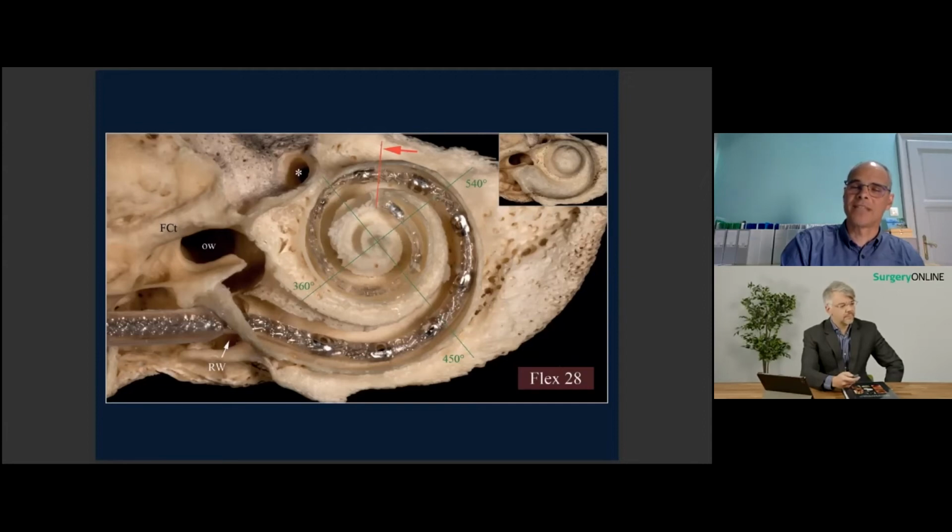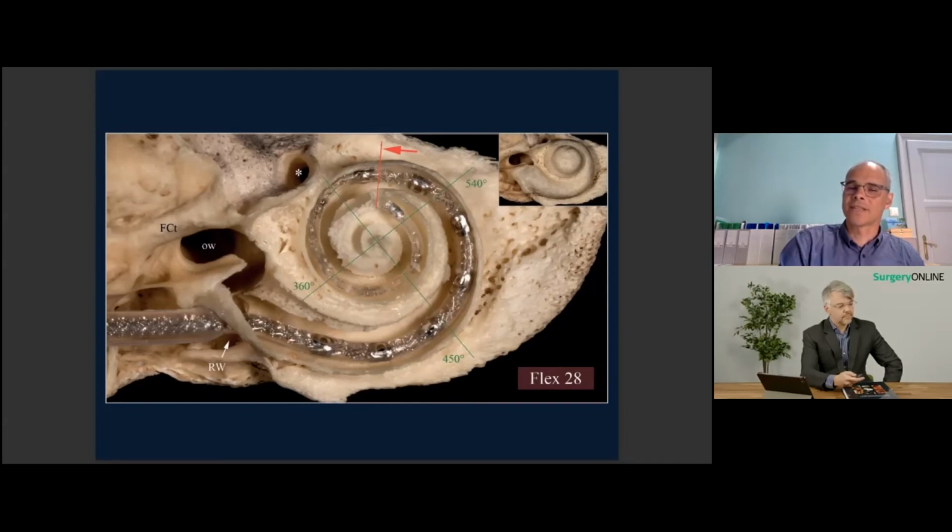And after that, depending on what you can see on the pre-operative CT scan, you should open the cochlea, the scala tympani, in the antero-inferior area, sometimes outside the round window niche. And you can have a direct view, an axis just in the middle of the basal turn.